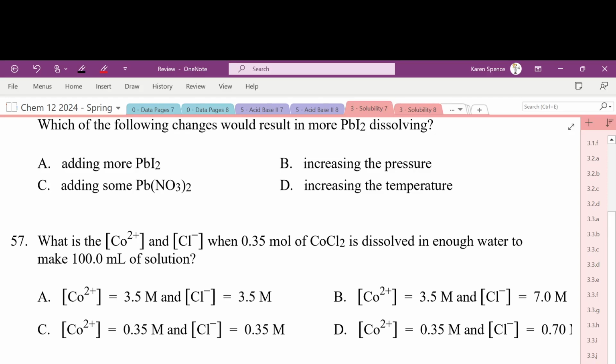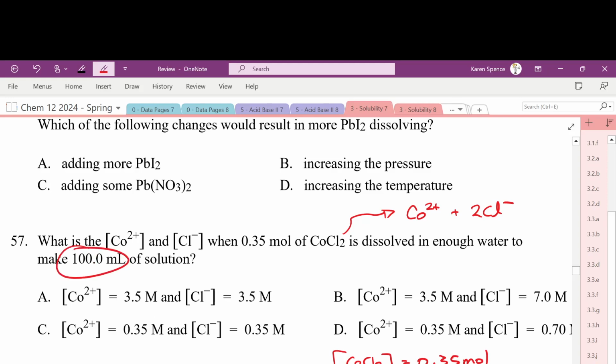Yes. Yeah, of course. Okay, so we have CoCl2 and is dissolved. So it dissolves and makes Co2+ plus 2Cl minus. And the concentration of CoCl2 is 0.35 moles in 100 milliliters. So that's 0.10 liters.